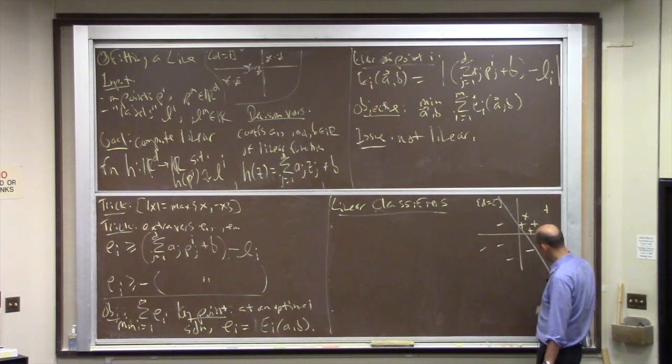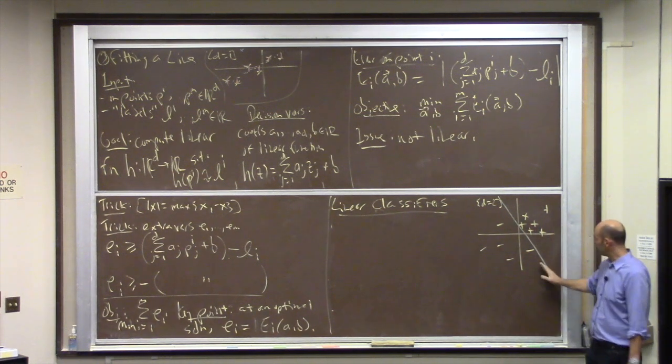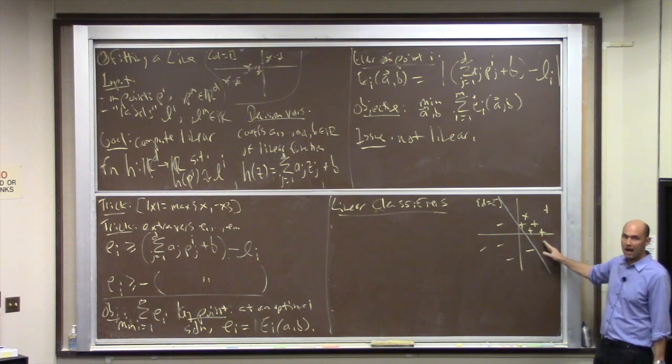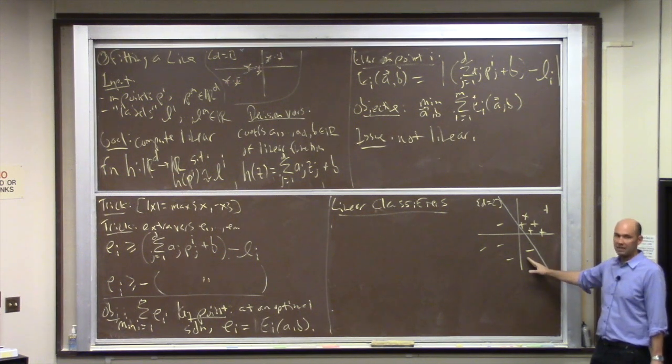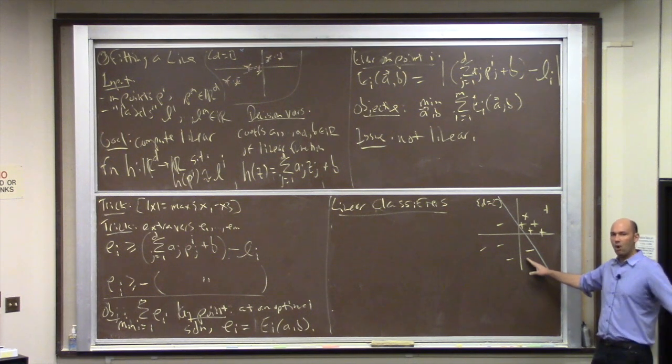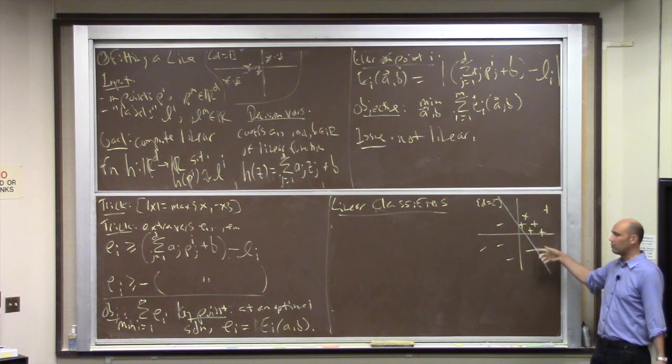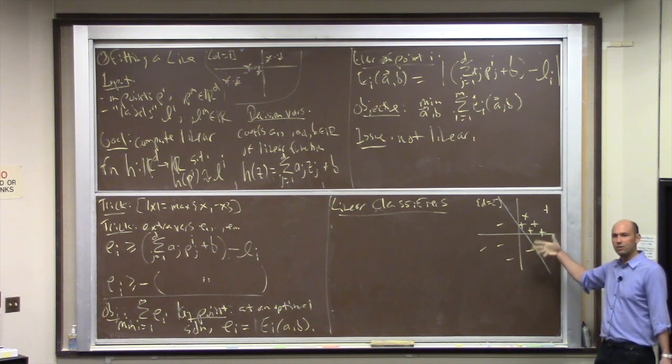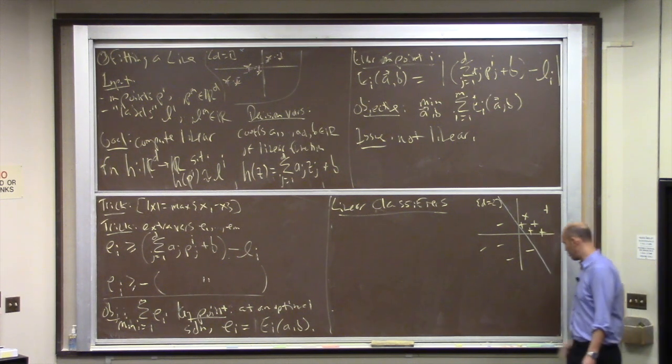So you want to draw a hyperplane so that all of the positive examples are on one side, all of the negative examples are on the other side. And again, if you can find such a hyperplane, how do you use this later for prediction of unlabeled data? Given some arbitrary image, you just check which side of the hyperplane it lies on, and then you answer cat or not cat as appropriate.